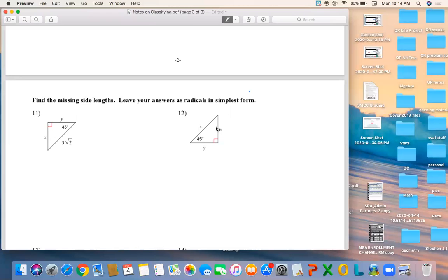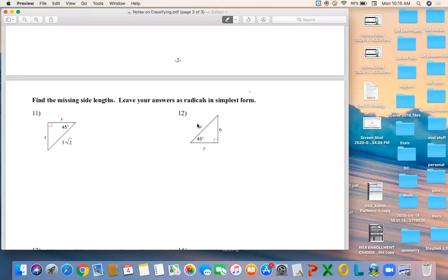What our shortcut says is that we just take this number of the sides that are congruent, that make up the right angle, and we multiply it by radical 2 or square root of 2. So for this answer here, y would be 6, and x is 6 times the square root of 2.